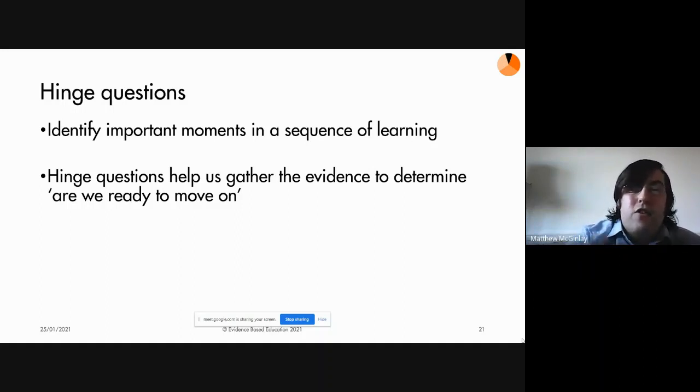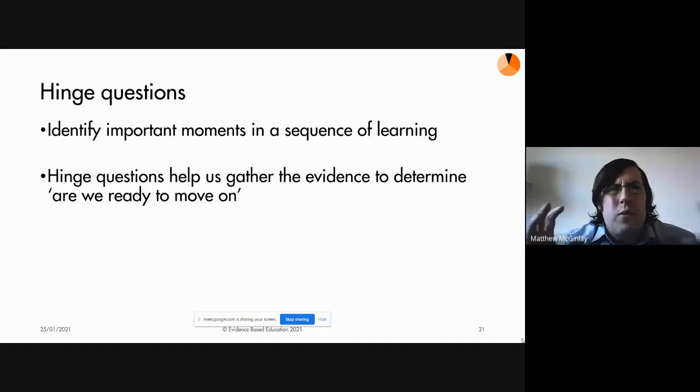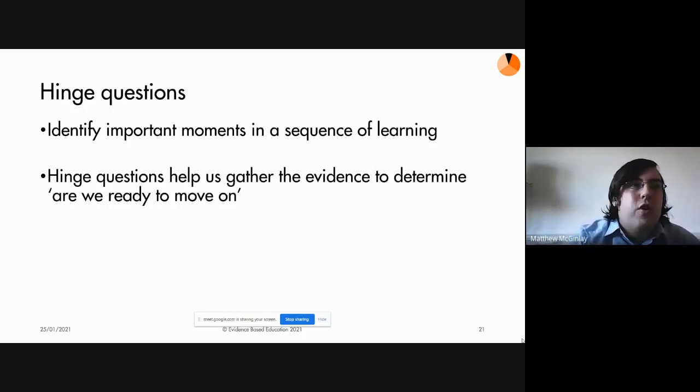And again, that can then help you respond and determine what your next steps are for your students. Especially when students aren't always with you in the classroom, having these key hinge points where we can make sure that we've come together and we're at a point where we can move on to wherever we're going next is really critical.